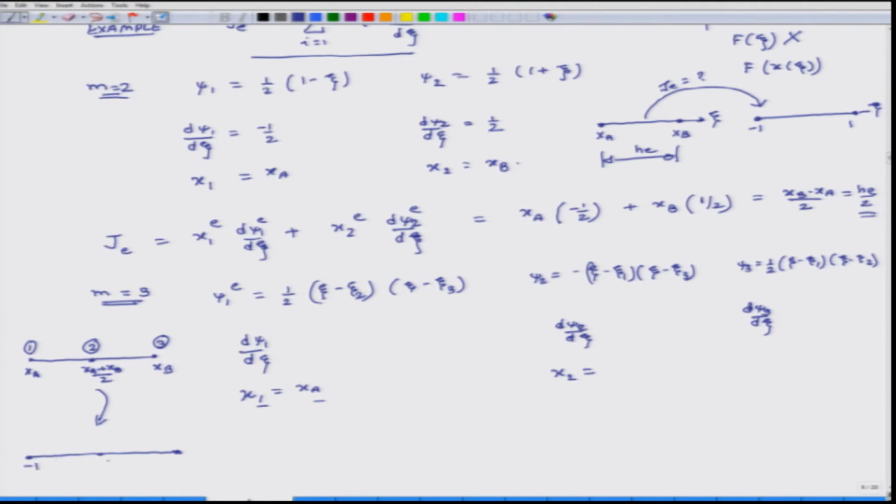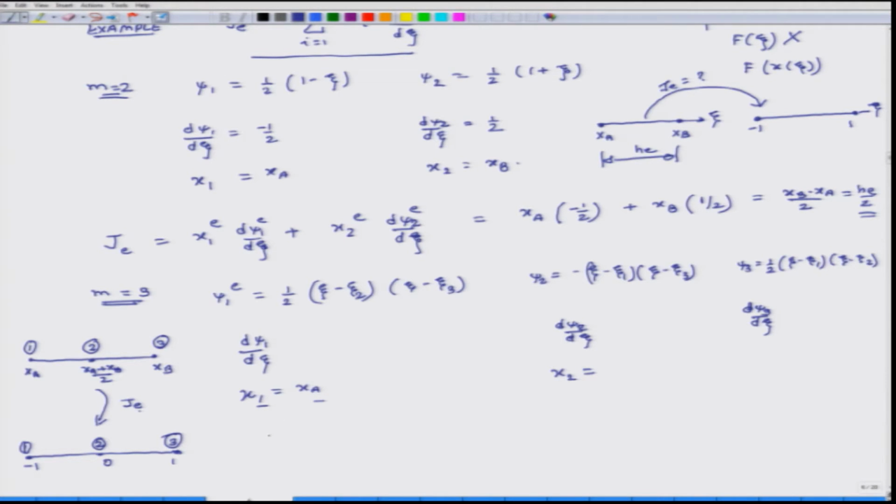So it is minus 1, 0, 1, and the nodes are 1, 2, and 3. Here I am calculating the Jacobian for this transformation. So the Jacobian is specific to the order. You do all these calculations.